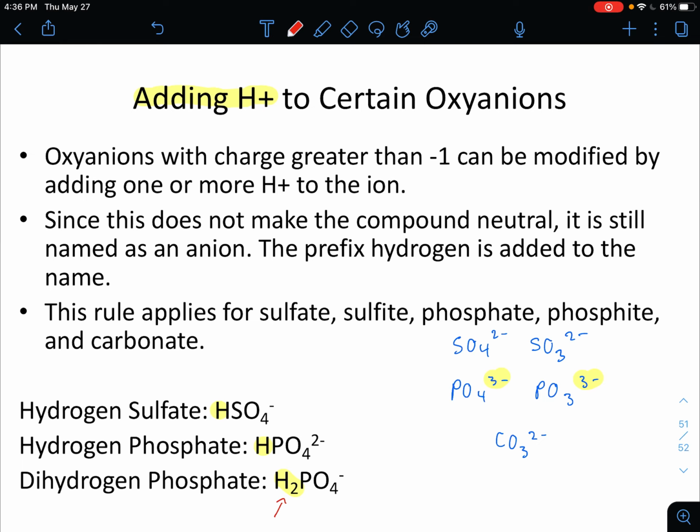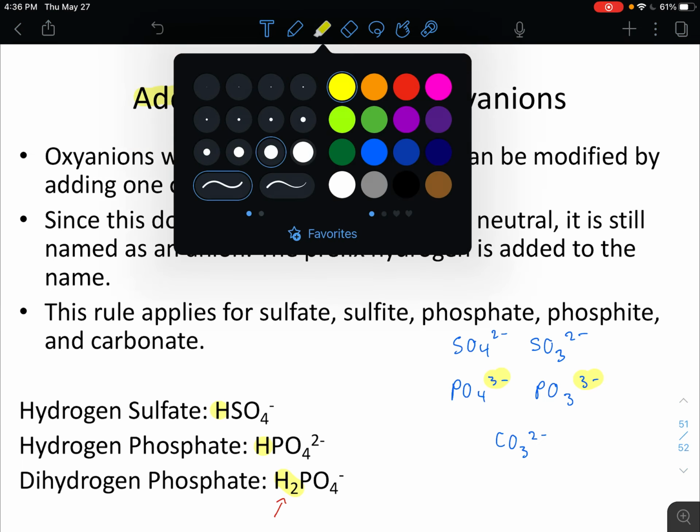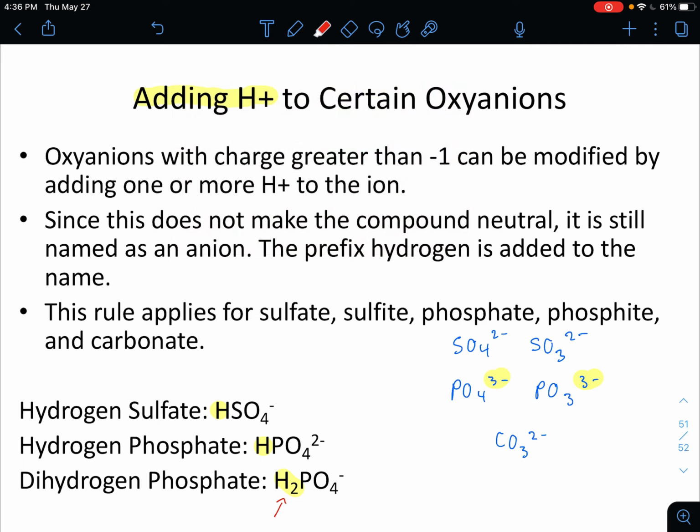It's still a polyatomic ion. And this is the first time in any of our ionic compound naming where you see a Latin prefix like di. This is the only place where you're going to put a prefix like di. It doesn't show up anywhere else, and it's just di.